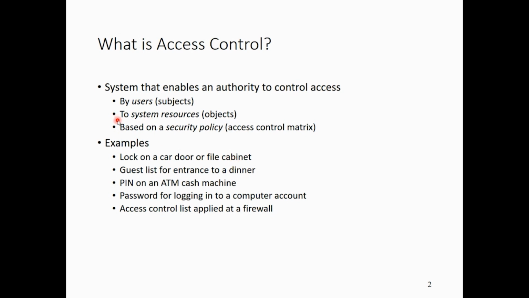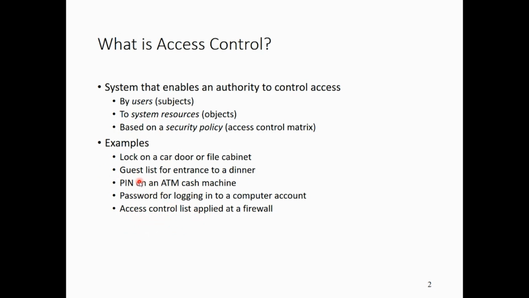There are many examples of access control. The PIN on an ATM cash machine or ATM card is an access control. The password is an access control. The access control list, which is defined at the firewall and defines who can access what, is an access control.